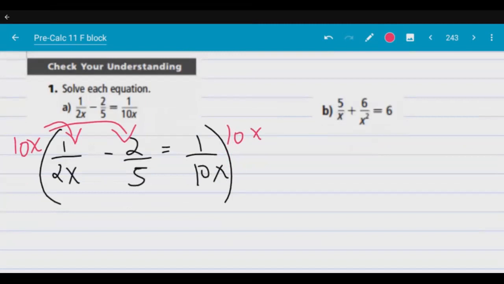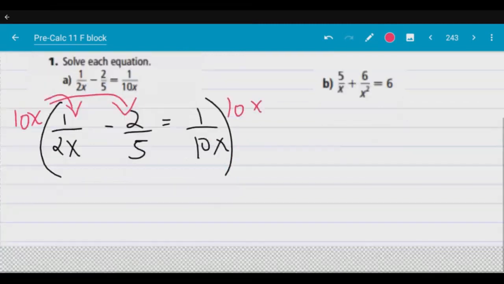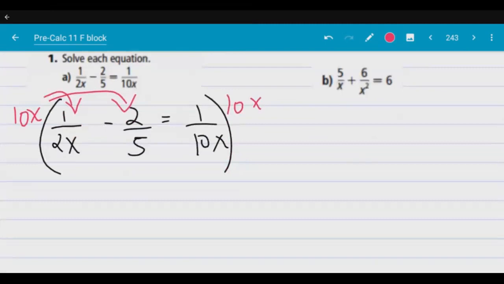So 10x times 1 divided by 2x is just a 5. Once again, if you're thinking, where did this 5 come from? This is the result of 10x multiplied by 1 over 2x. That becomes 10x over 2x, which becomes a 5. Minus 10x times 2 is 20x divided by 5 is 4x.